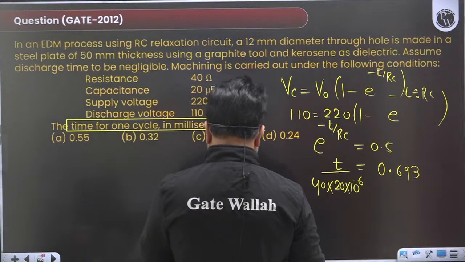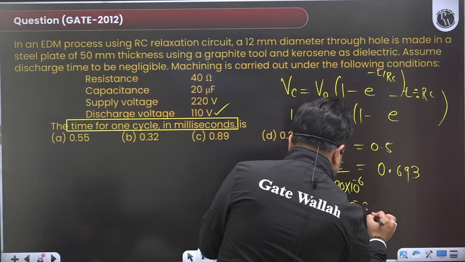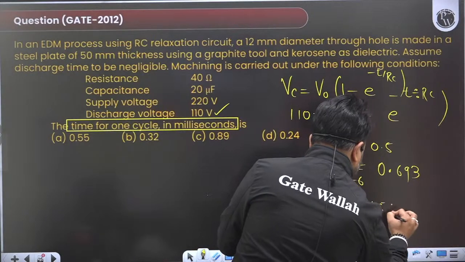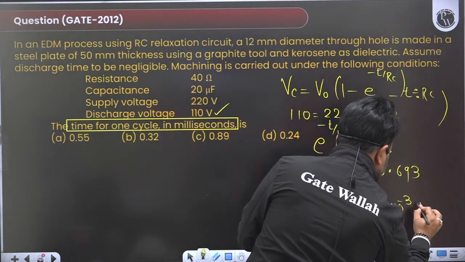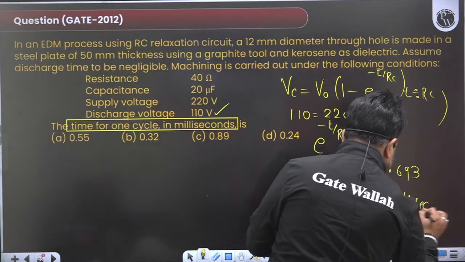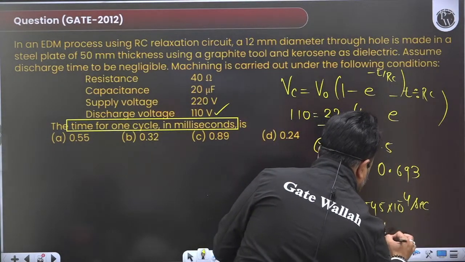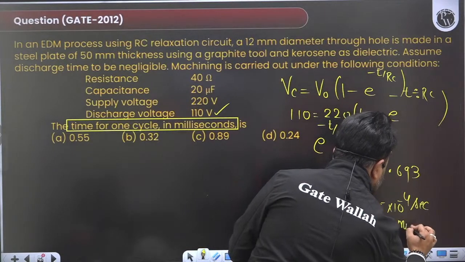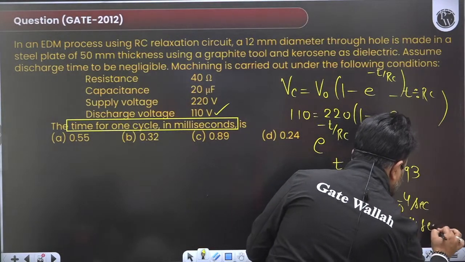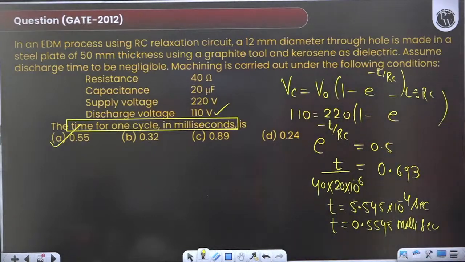So here t is 5.545 into 10 to the power minus 4 second per cycle. You can write 0.5545 millisecond per cycle. So option A is the right answer.